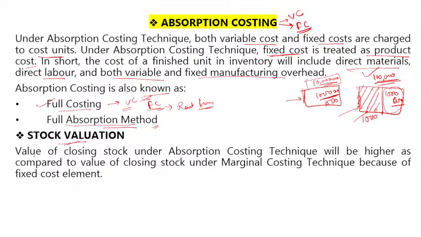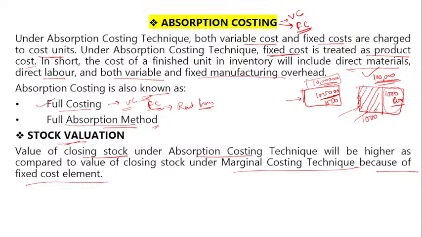Now the stock valuation: the value of the closing stock under the absorption costing technique will be higher as compared to the value of closing stock under the marginal costing technique because of the fixed cost elements.